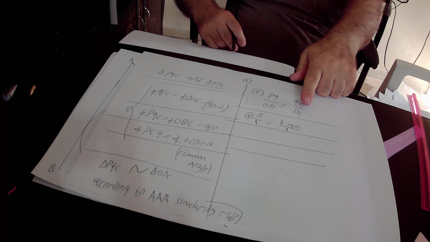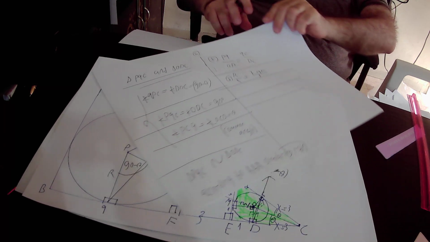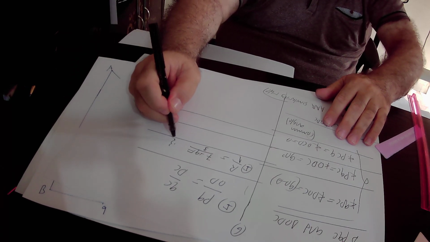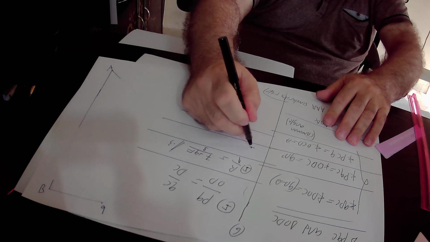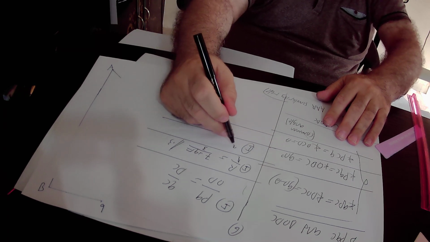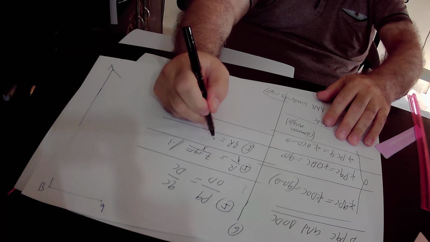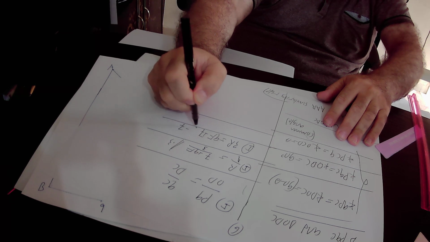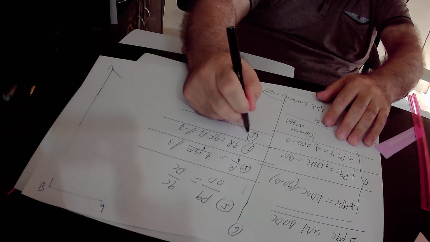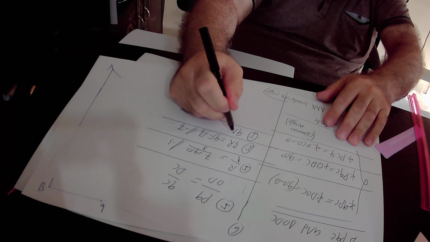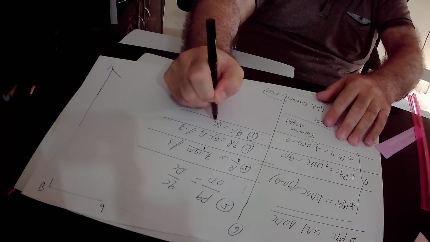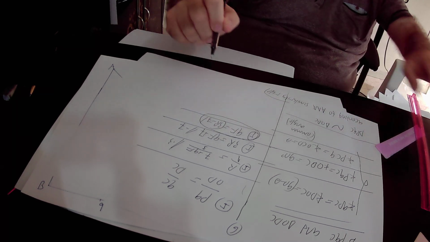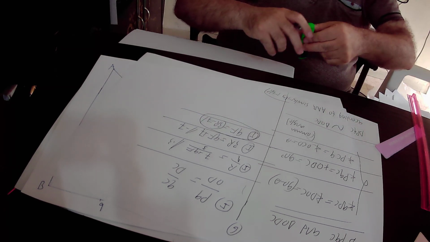Here we will multiply this equation number 1 by 3, and we will get that R equals QF plus 7. Here we subtract 7, and we get that according to equation number 1, QF equals 3R minus 7.